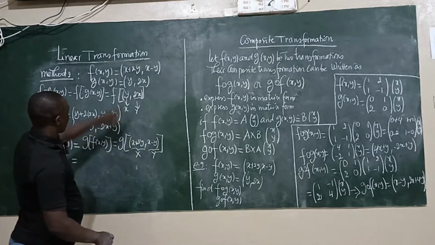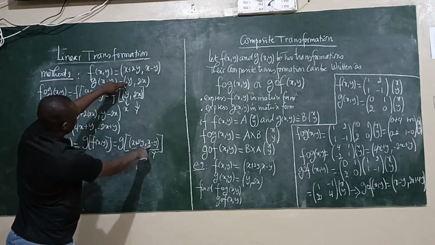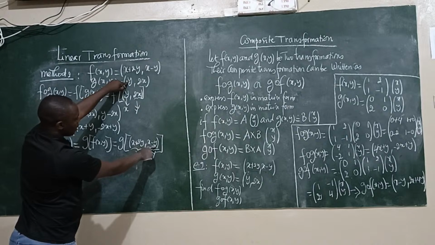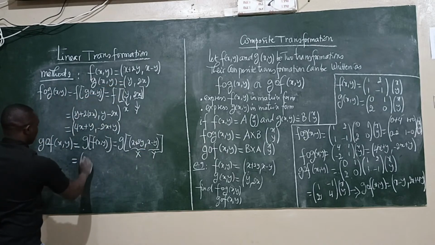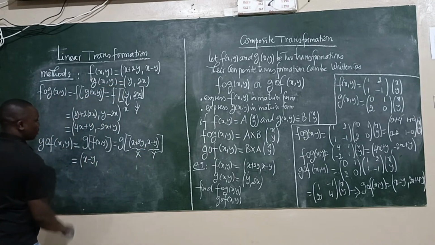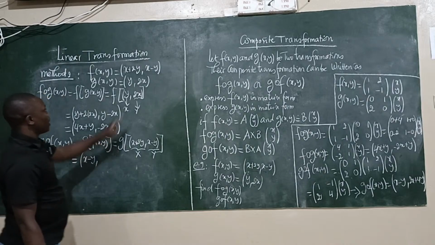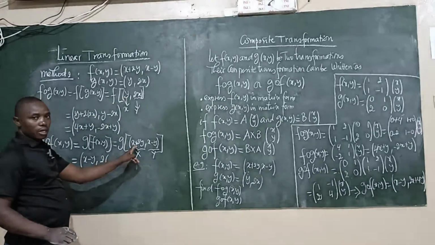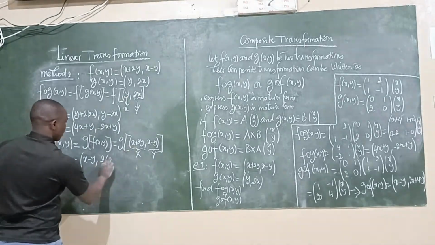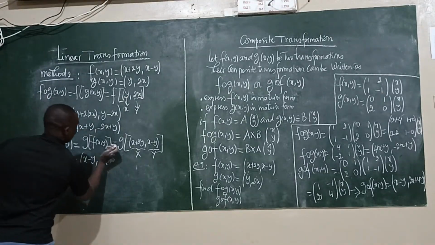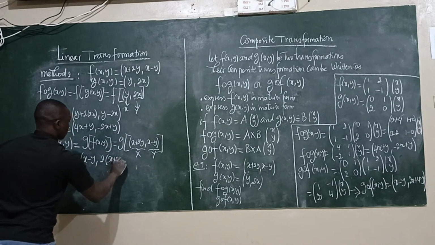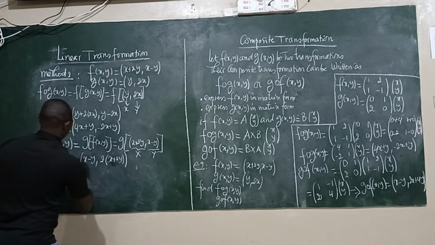So here, instead of writing y, we are going to write x minus y. That's why this is x minus y, comma, here we have 2x, and x is replaced by x plus 2y. Sorry, here is not 2x, here is x plus 2y, guys.